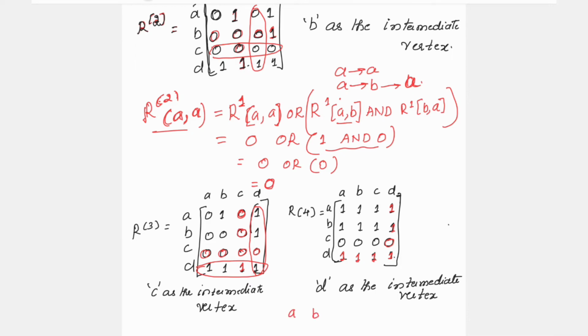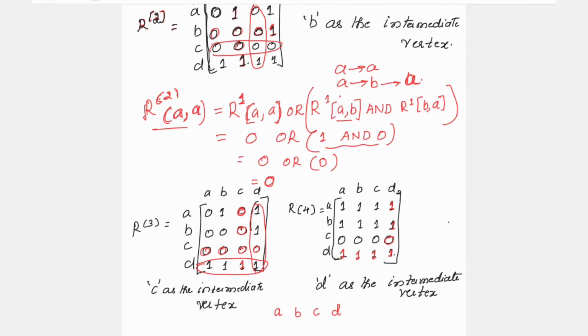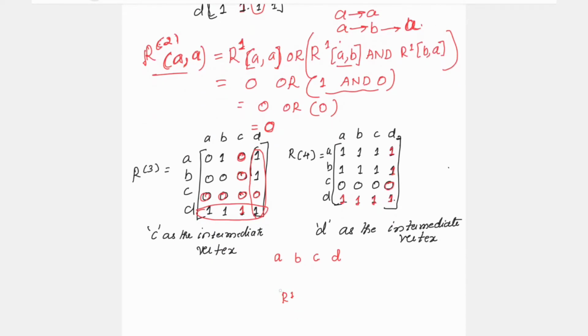See, we covered all the vertices here. We created R1 with intermediate vertex A, R2 with intermediate vertex B, R3 with intermediate vertex C, and R4 with intermediate vertex D. Whenever we created R1, the reference matrix was R0.